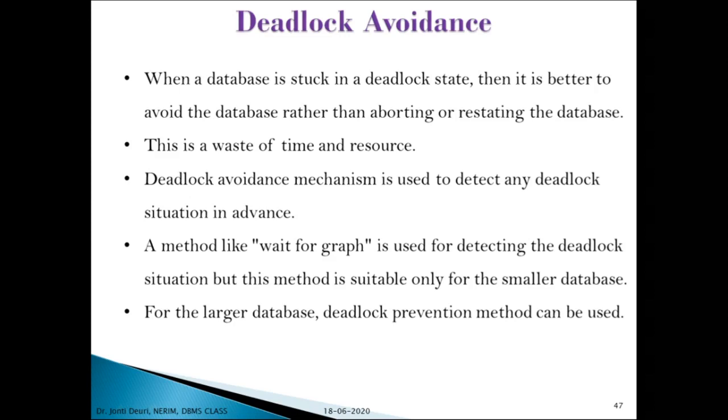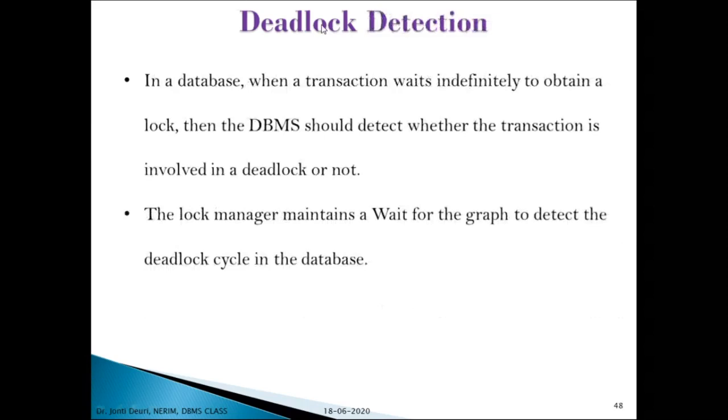So now, how can we do the deadlock detection? Now we are coming to deadlock detection. In the database, when a transaction waits indefinitely to obtain a lock, the DBMS should detect whether the transaction is involved in a deadlock or not.